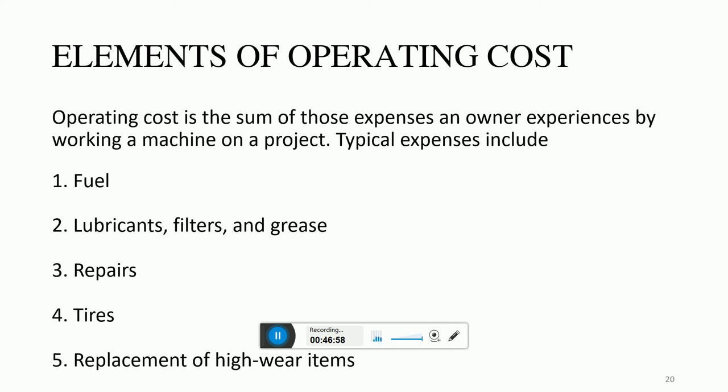If you remember, we subtracted the tires from the ownership cost of the purchased equipment, because we said that these have high wear and tear and are to be replaced. So these are included in the operating cost.